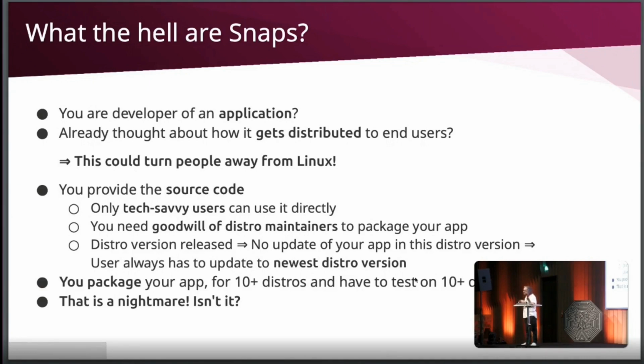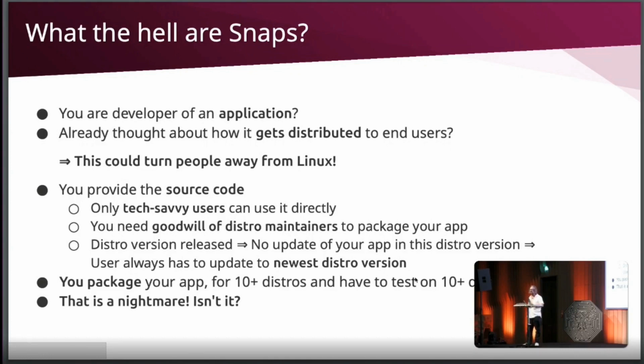You are enjoying our support for 5 years, or you are even an Ubuntu Pro member and enjoy it for 10 years, and then you have 10-year-old applications. This is not nice. Another thing: when you are an upstream maintainer, and you package the application so that all these users can have new applications, then you have to package for, say, 10 distros and more, and test on 10 distros.